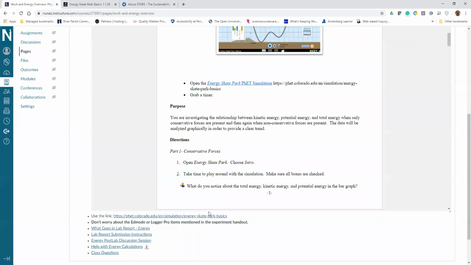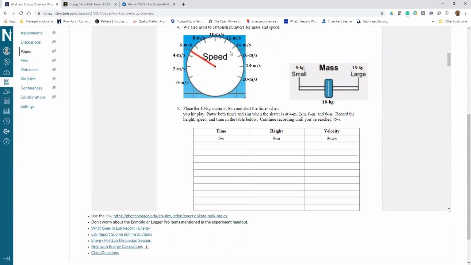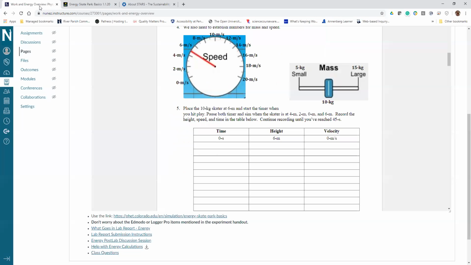You're going to use the simulator to complete the table. You see here, they explain how to read the values on the timer in this visual. Notice on the simulator there are no numbers on this speed dial, but in the handout, they tell you how to interpret the speed dial.